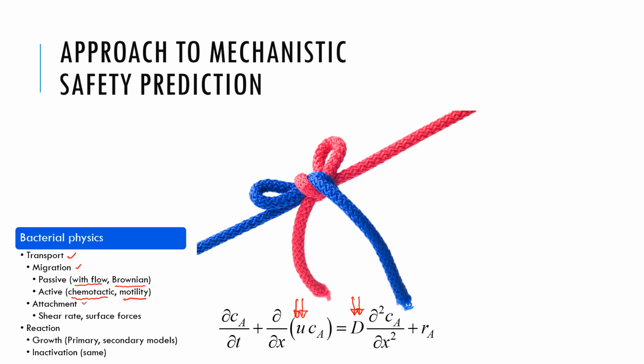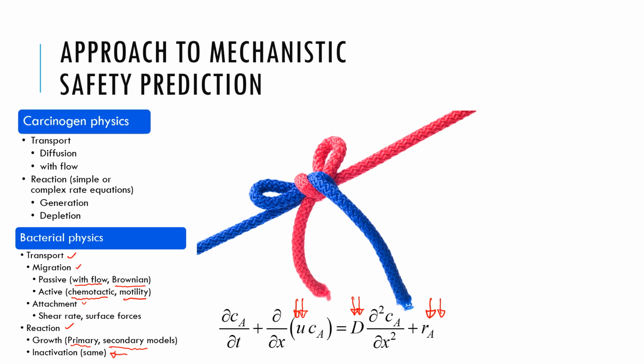Then after transport, the other possibility is, for example, growth. And growth can be included using primary or secondary models, and that's part of the source term. Likewise, inactivation, the same type of models can be included as part of the source term. Carcinogens can be treated in a very analogous way.